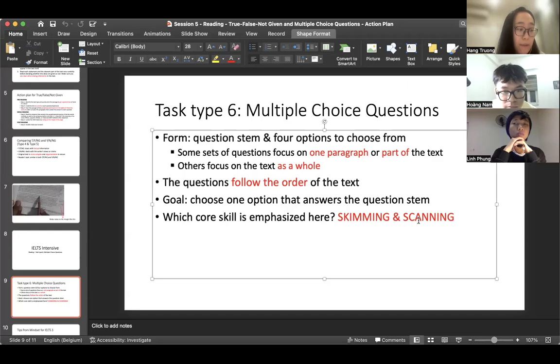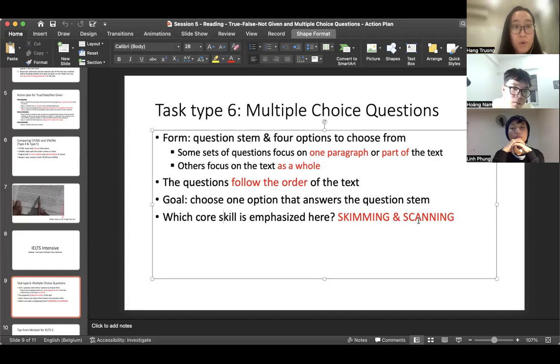You will have to simultaneously keep an eye out for finding the main idea of the text, and at the same time, if the question asks you to answer a very specific detail, then you will have to locate it, like we just did 5 minutes ago with the homework, right? We will have to go specifically into each paragraph and find where the answer is located.